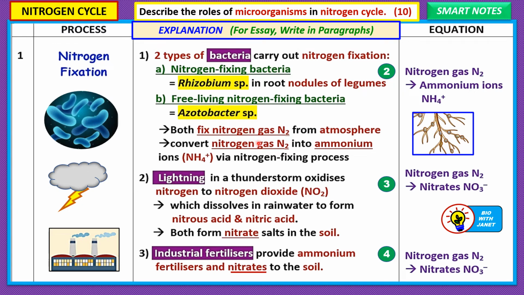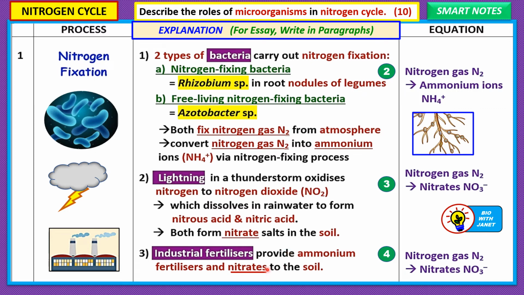Now, both these bacteria fix the nitrogen gas N2 from the atmosphere by converting the nitrogen gas N2 into ammonium ions NH4+ via the nitrogen fixing process. Now, secondly, lightning in a thunderstorm oxidizes nitrogen to form nitrogen dioxide gas, which dissolves in rainwater to form nitrous acid and nitric acid. When these fall to the ground, they will react with compounds in the soil to form nitrate salts.